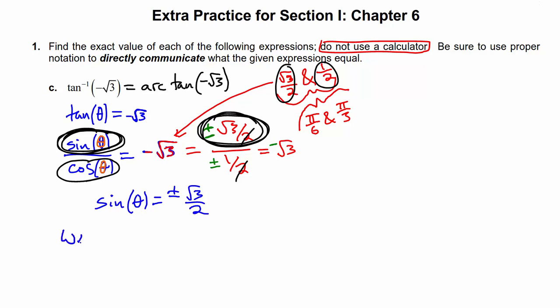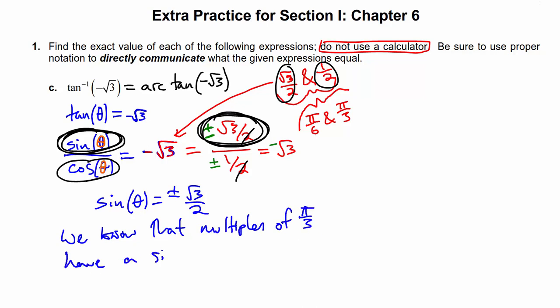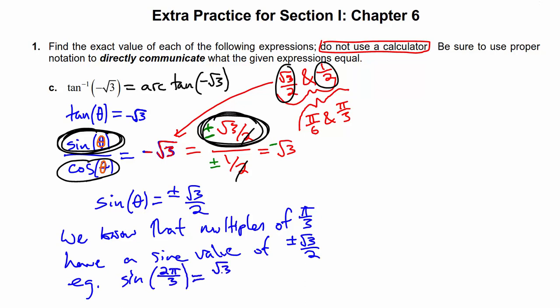And we know that when angles are multiples of pi over 3, they have a sine value of plus or minus square root of 3 over 2. For example, sine of 2 pi over 3 is actually root 3 over 2. And all the pi over 3 multiples give us that special fraction, square root of 3 over 2.